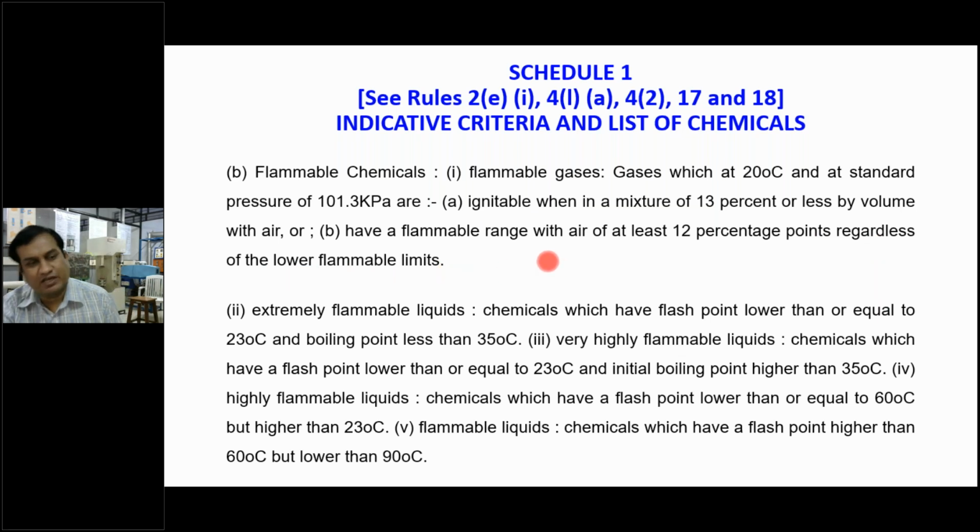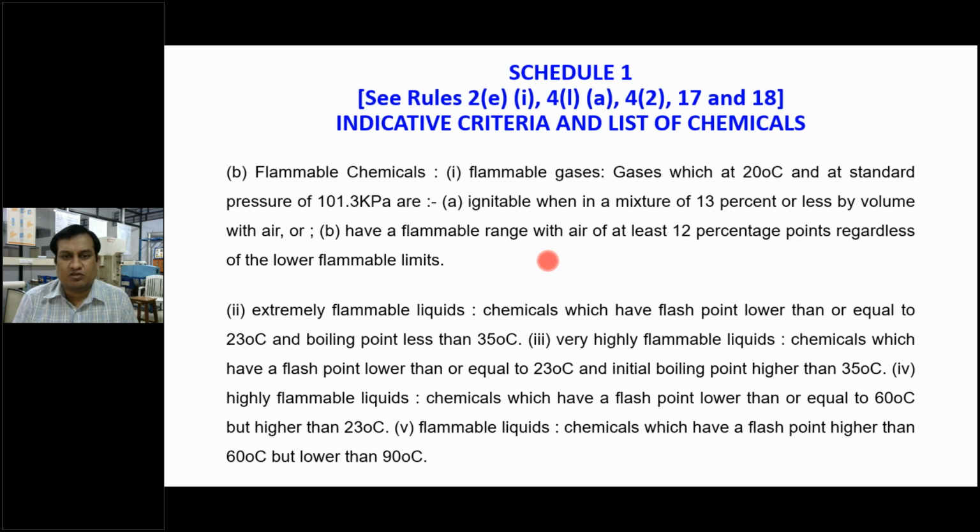So now we have already discussed about fire and explosions, what exactly the lower explosive limit is, what exactly the upper explosive limit is. So depending on the percentage of the chemical present in that air, on that basis you can define the flammability criteria. You can define whether this chemical is flammable or not.